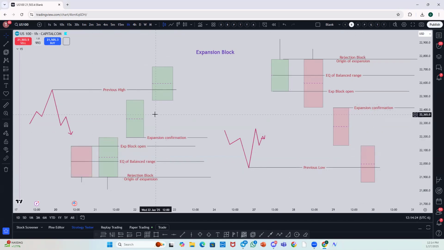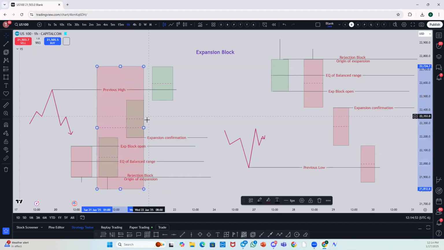When we are expanding, a lot of money is being put into these price moves. This is true fair value for buying. The institutions are always going to look for fair value to buy from, which is in the form of premium and discount. When this expansion happens, below the equilibrium of this expansion is a discounted price, and above it is a premium price.